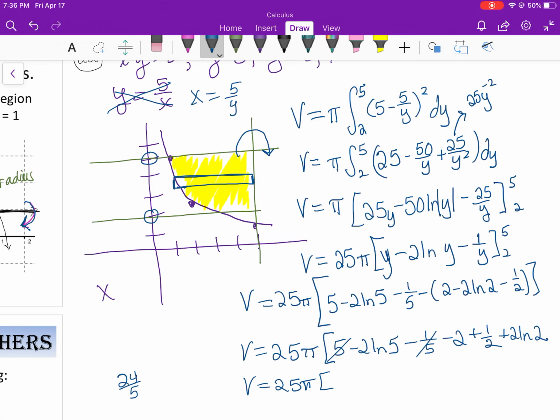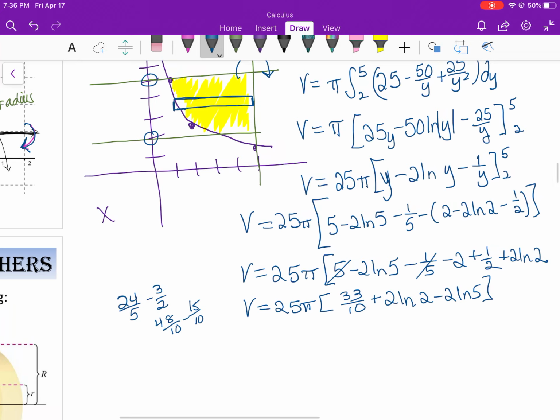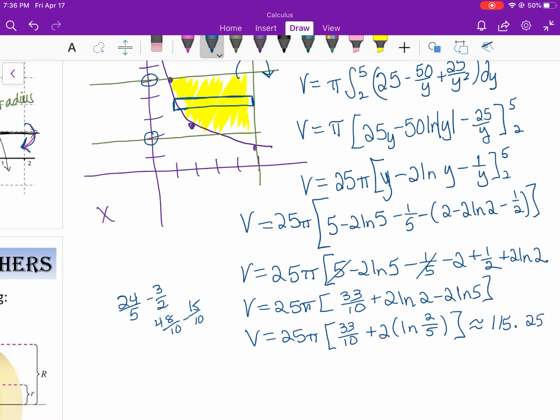Minus 1.5, so it's going to be 48 over 10 minus 15 over 10, so 33 over 10. The natural logs can be cleaned up a little bit too. If you're interested, you can take them further, or again, you can still just plug those into your calculator. So there's the simplified version of the answer, and that rounds to 115.251.